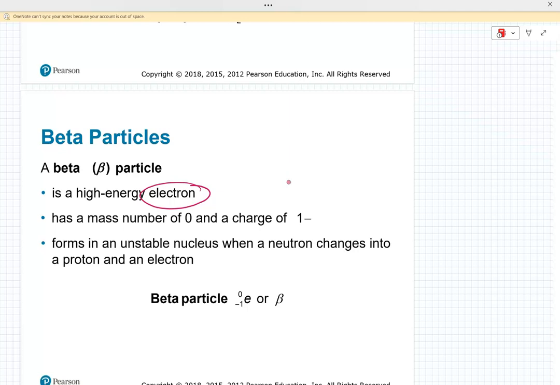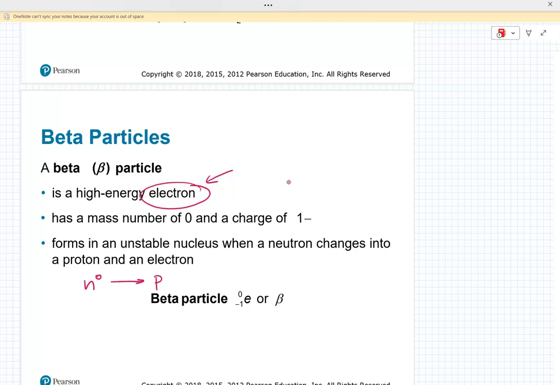So when do you have a formation of an electron? When a neutron, well, it changes. I'm trying to think about the English word. It's not decomposition. Transforms into.